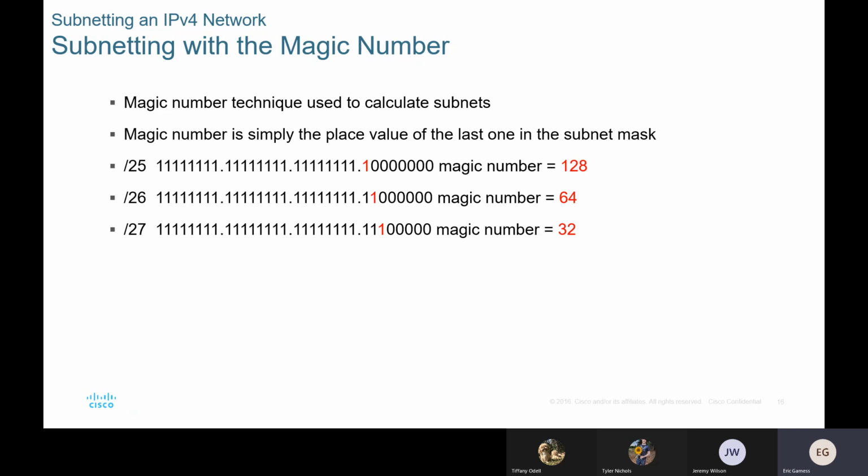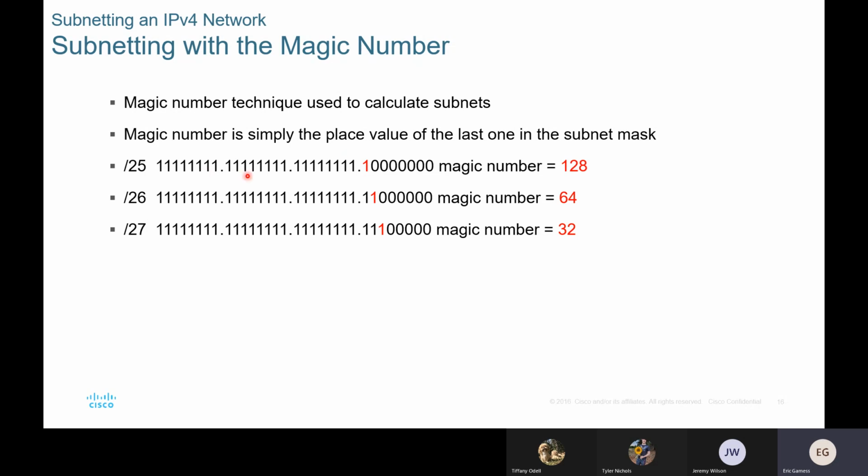Okay, so as I was saying, I'm going to start a small lecture, and we are going to talk about subnetting again. There is something that we call the magic number. We obtain the magic number from a net mask. Let's say that we have this net mask /25. /25 is 25 ones, no?